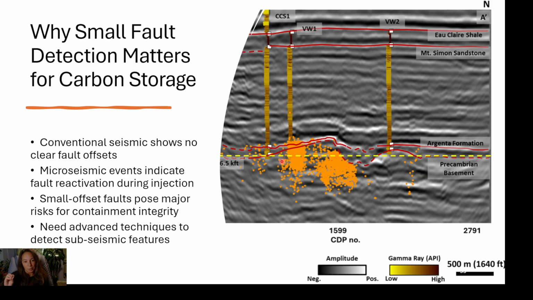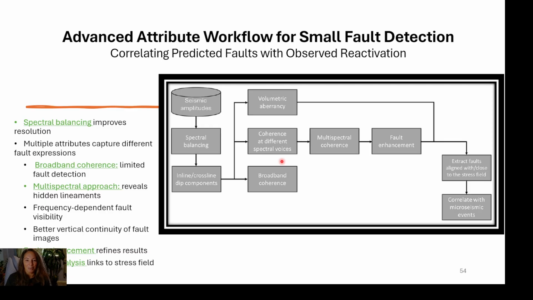And so since these small-scale faults that we're not able to see really pose a risk for containment of the carbon, or may be very important to know about for geothermal evaluation, we need to have more advanced techniques for seismic, to find these subseismic faults.